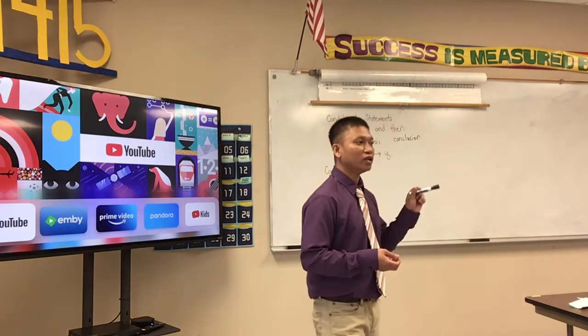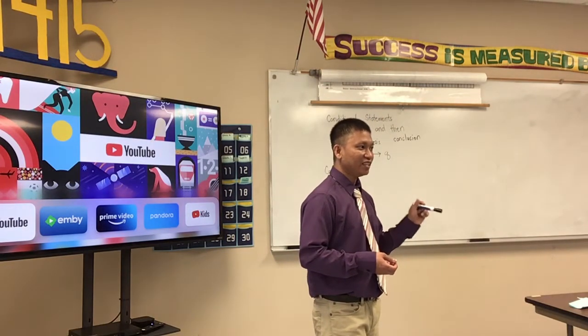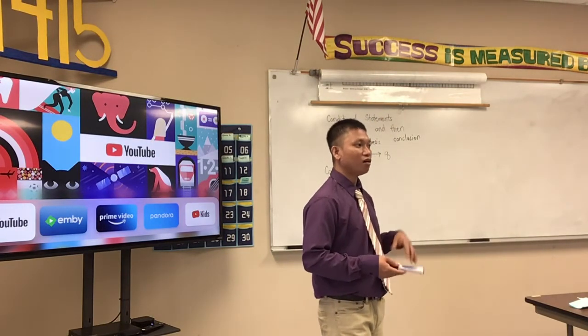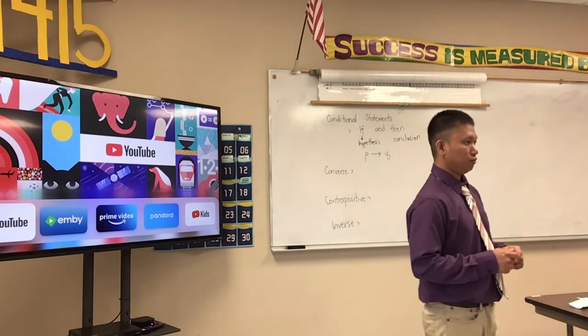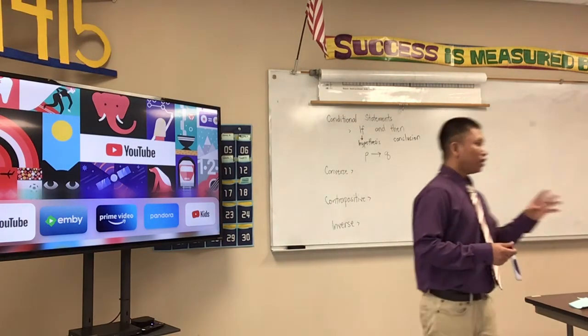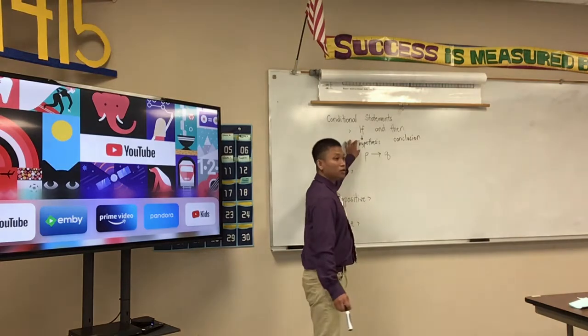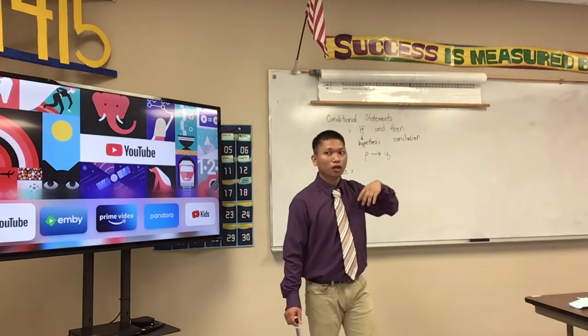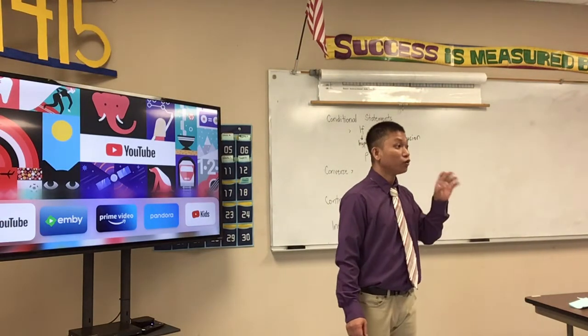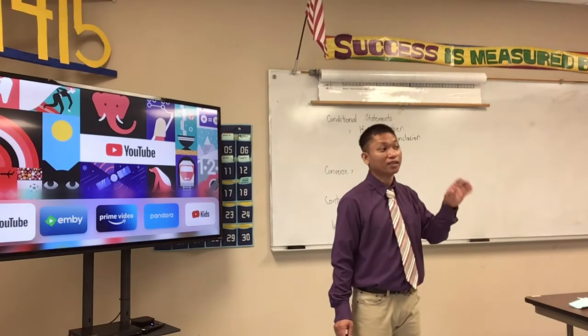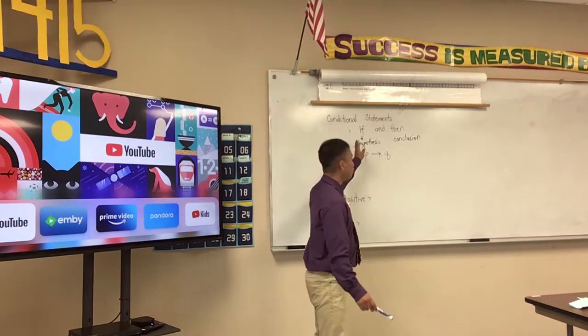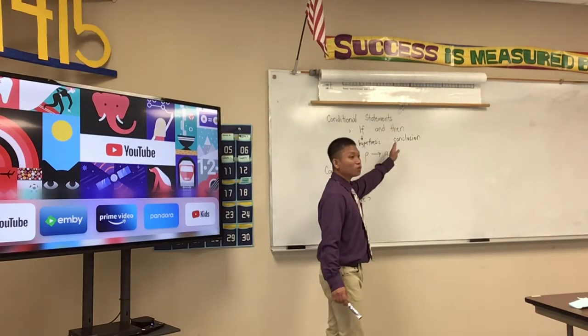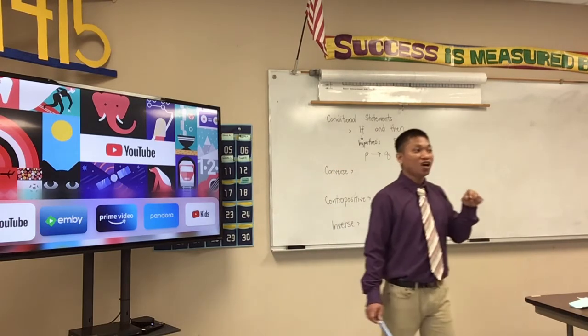If a polygon has 8 sides. Okay, but when we identify the hypothesis, we do not use the word "if." A polygon has 8 sides, that's our hypothesis, and our conclusion is it's an octagon.